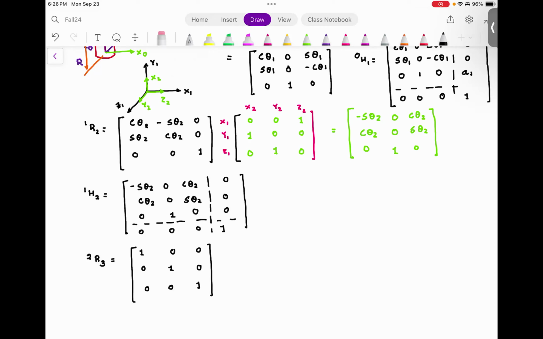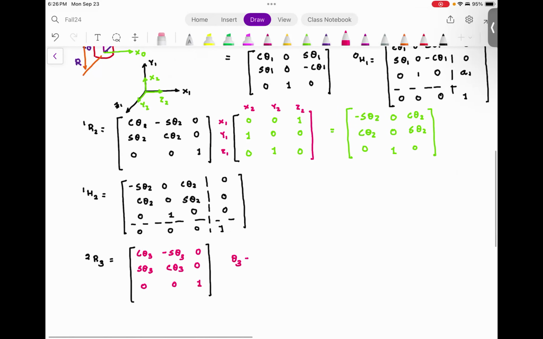Alternatively, if you don't want to do this, you can blindly follow the procedure: cosine theta 3, minus sine theta 3, 0, sine theta 3, cosine theta 3, 0, 0, 0, 1, and substitute theta 3 equal to 0.